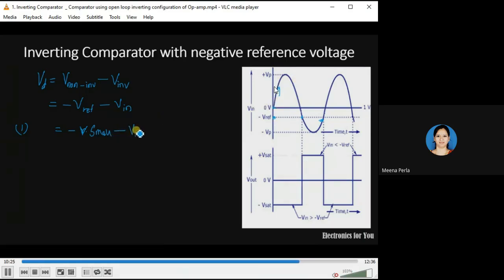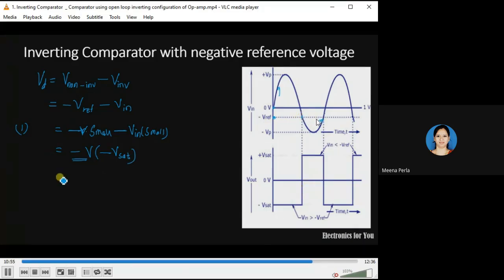V in is the higher value here, that is positive. So that will be minus smaller value minus V in, right? Whichever value we write, that is minus V. Both are negative, so the output will be negative. So here we can see that the output will be negative, that is minus V sat.